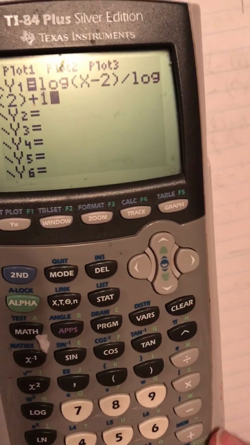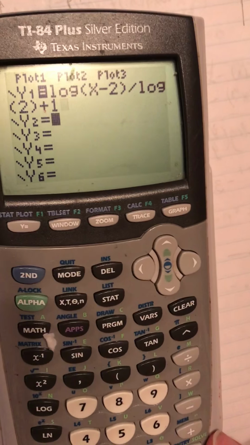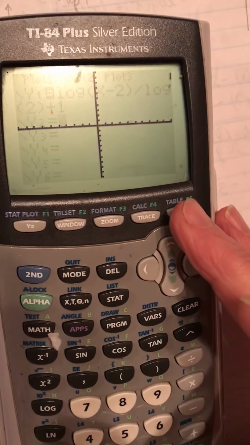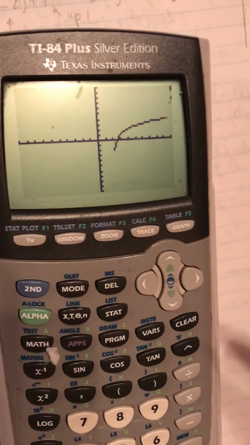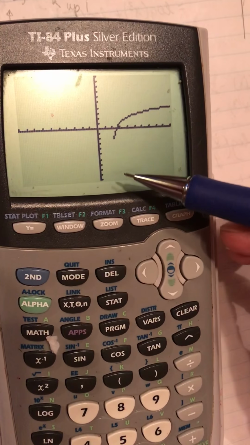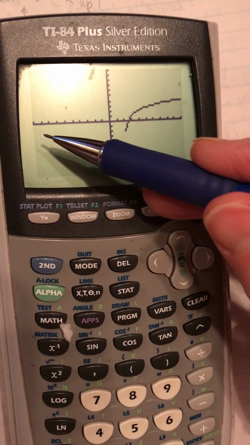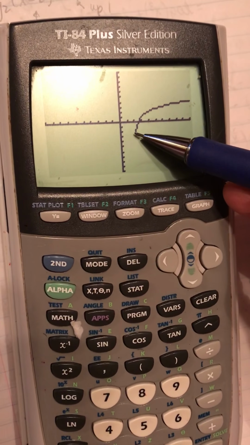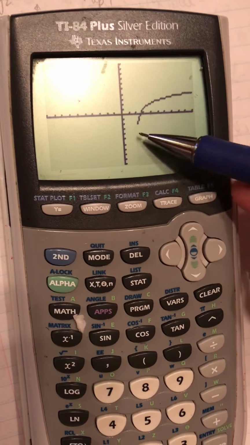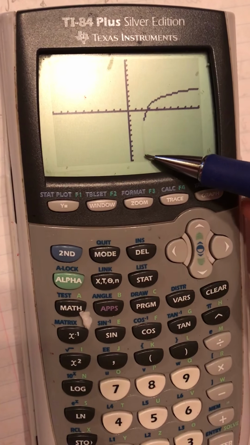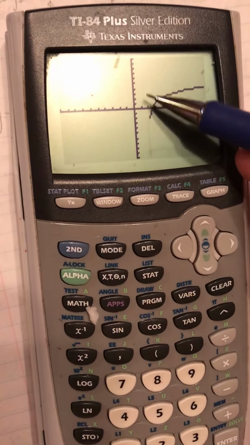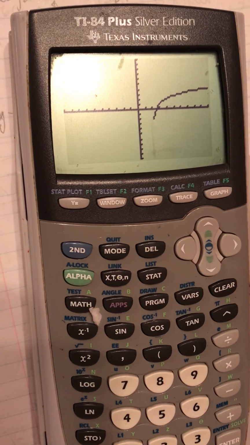And then plus 1, that shift. All right, and then graph. And there it is. And of course, the calculator can't draw the part that's almost vertical. It's graphing from left to right, and that's the first point it comes across. But really, we know that it continues on down infinitely close to its vertical asymptote.